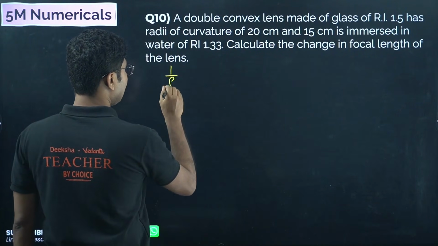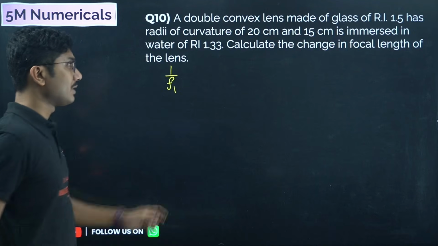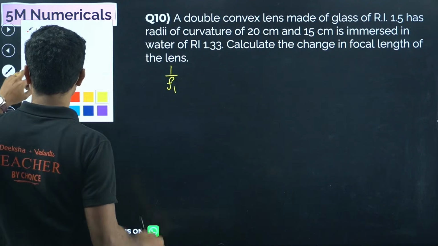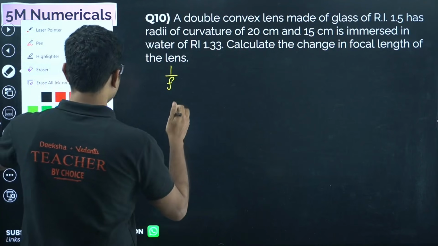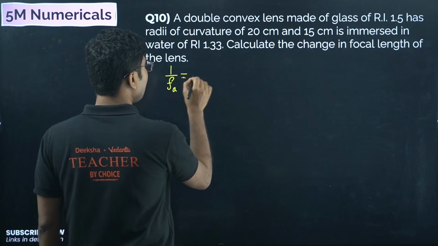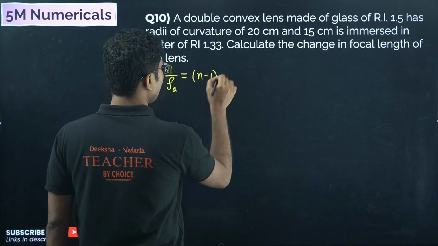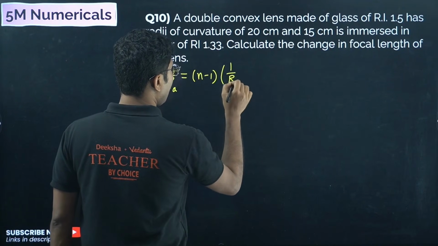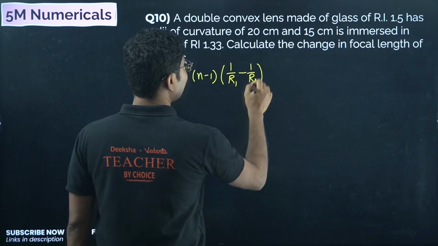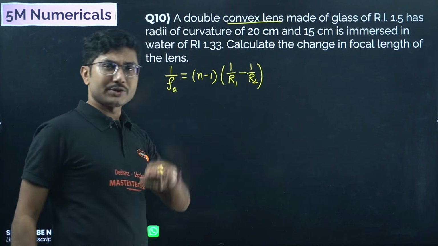First, we'll start with the first case. Suppose in the first case, when the lens is in air, the focal length is say FA. What is the formula? 1 by F equals N minus 1 into 1 upon R1 minus 1 upon R2. Now remember, the lens is a convex lens, so R2 must be negative.